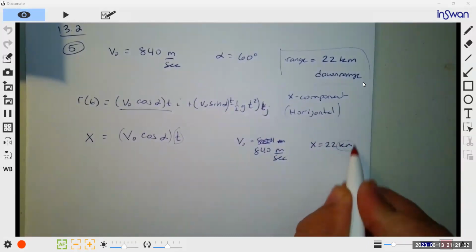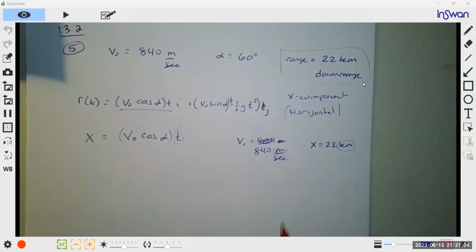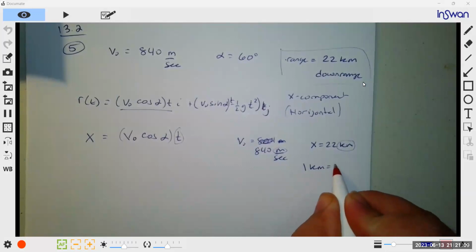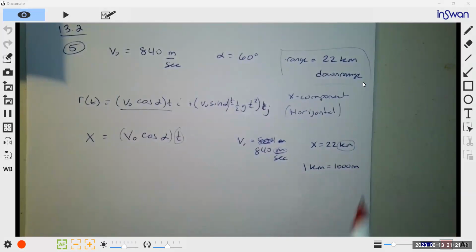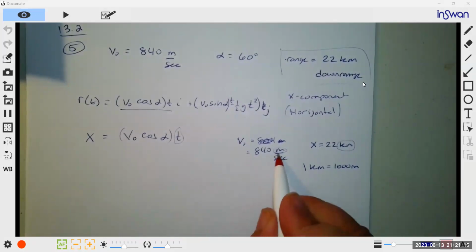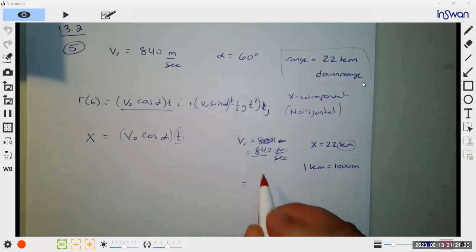There's a problem. That's kilometers and that's meters. 1 kilometer equals 1,000 meters, so we have to convert this to kilometers by dividing by 1,000.